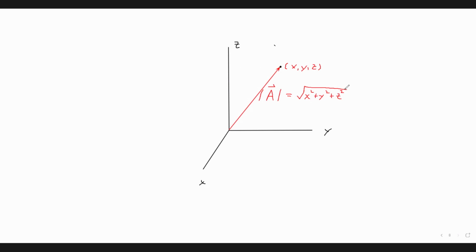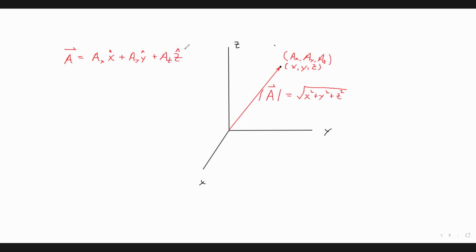But in rectangular coordinates, the way I write the vector A is the x component of A, and I should have written this as A sub x, A sub y, and A sub z. That's what I mean. A sub x times the unit vector in the x direction, plus A sub y in the y direction, plus A sub z in the z direction.